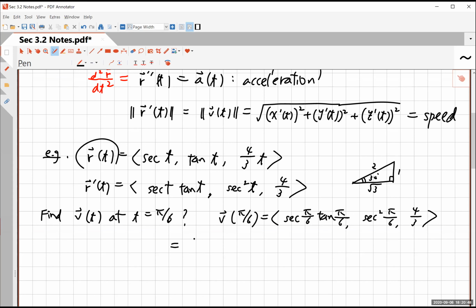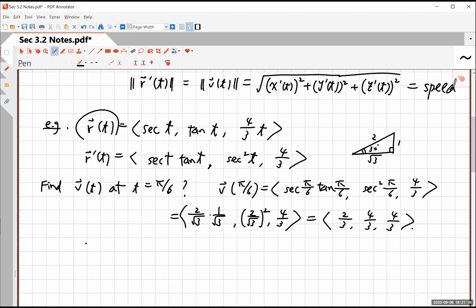So the secant will be 2 over the square root of 3. Tangent is this over that, that's 1 over square root of 3. And then of course secant, I already established is 2 over the square root of 3. Let's square that, and the last one is 4/3. And so this is 2/3, and it's 4/3, 4/3. Simple enough.